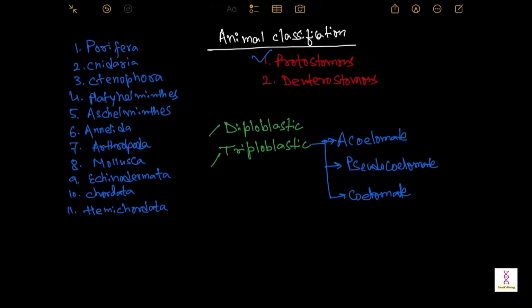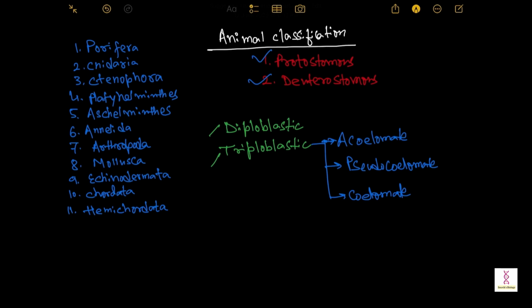In protostomous animals, the mouth is originated from this blastopore region, and in the animals in which the anus has originated from the blastopore, they are called deuterostomous animals.